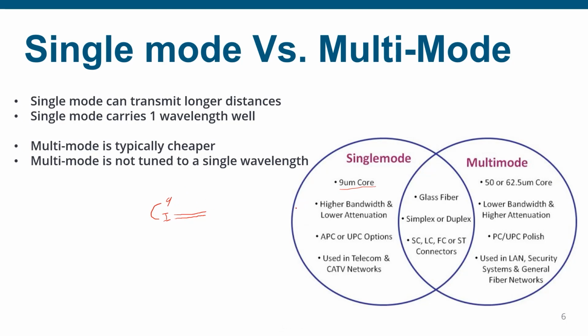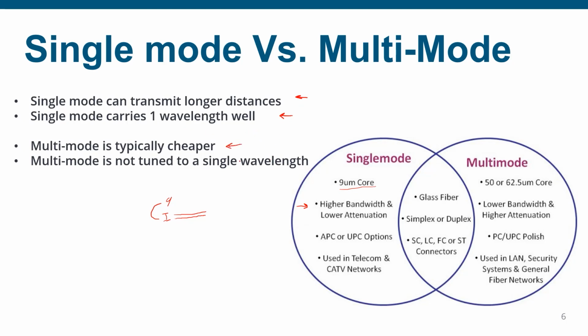And it is a higher bandwidth and lower attenuation cable. You have less signal loss across the distance of the cable, which is what lends itself to having a longer transmission distance. Single mode can transmit longer distances, and it is only made to carry one wavelength very well.